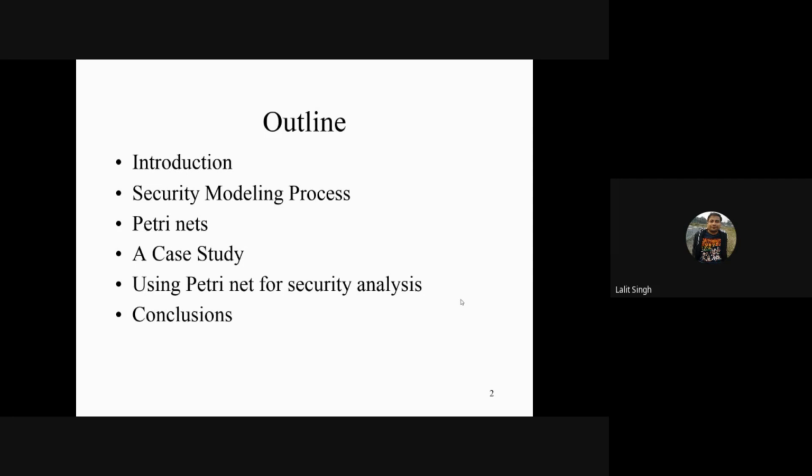To start with, let us have a quick outline of today's talk. In the introduction, we will see what security is all about and what the essentiality of security is. Then I'll be discussing the security modeling process. Once I'm going to implement any aspect, I have to model it. If I want to incorporate security in any particular system, I have to model that security process, and that will be implemented thereafter during the implementation phase.